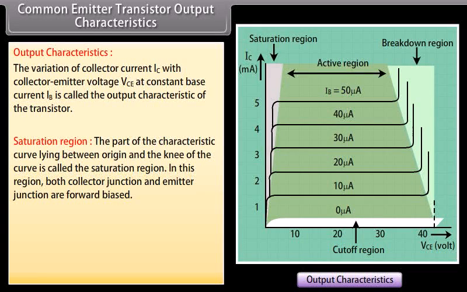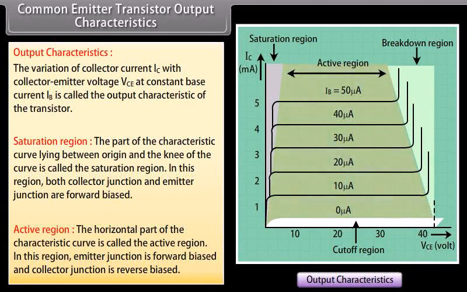Saturation region. The part of the characteristic curve lying between the origin and the knee of the curve is called the saturation region. In this region, both collector junction and emitter junction are forward biased. Active region. The horizontal part of the characteristic curve is called the active region.